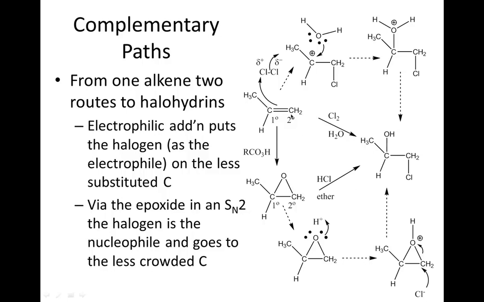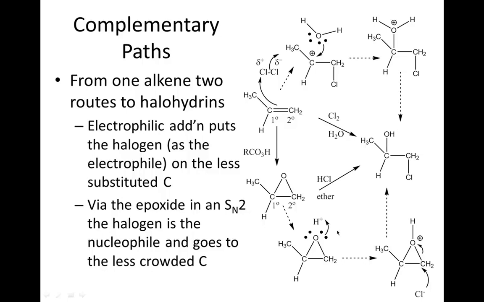Okay, suppose you take this alkene and you make the epoxide with the peroxy acid. Then it protonates. Well, this can open up this ring, and you can get to exactly the same halohydrin. But this one is going through an SN2 also.